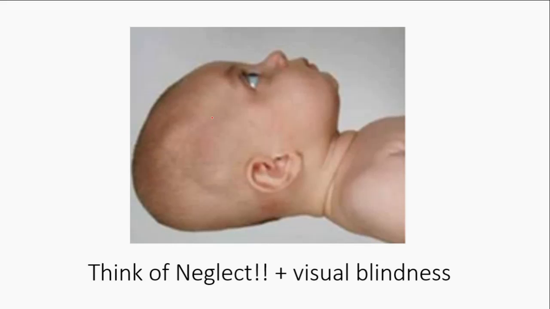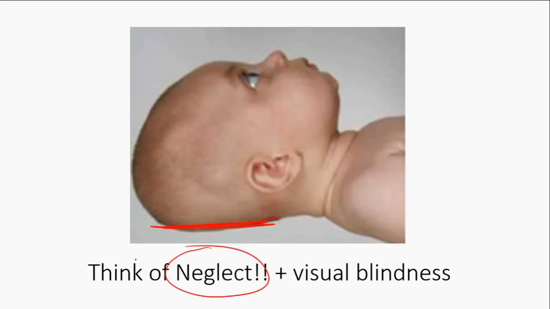molds the skull into a different shape. And so in some babies, you could actually see a flat occiput, so a flat posterior part of the head. And that is a massive sign of neglect.